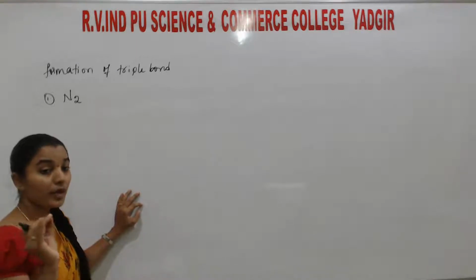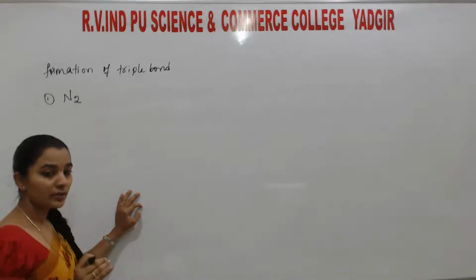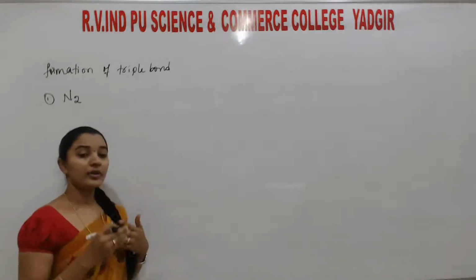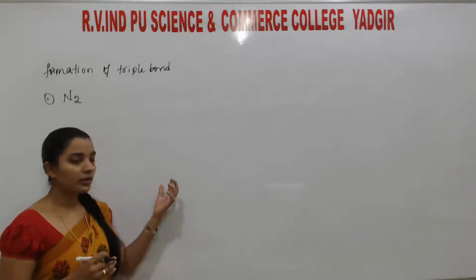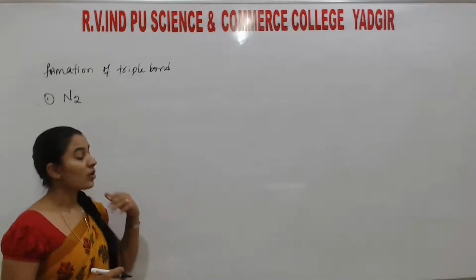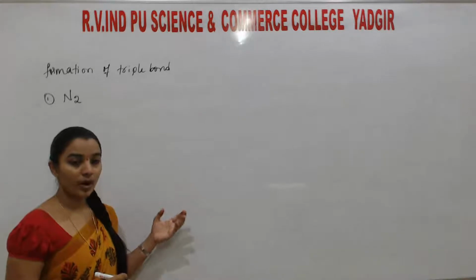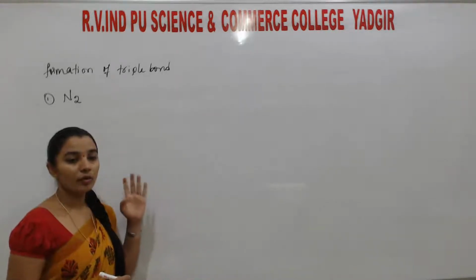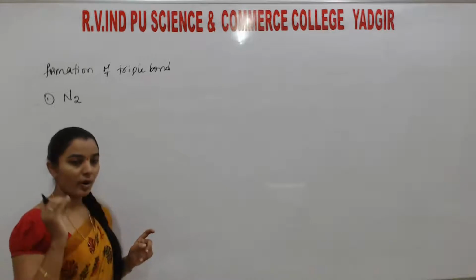The main thing in the Lewis concept is the formation of the bond, no matter whether it is a single bond, double bond, or triple bond. After the formation of the bond, atoms should satisfy 8 electrons in the outermost shell, including bonded electrons.